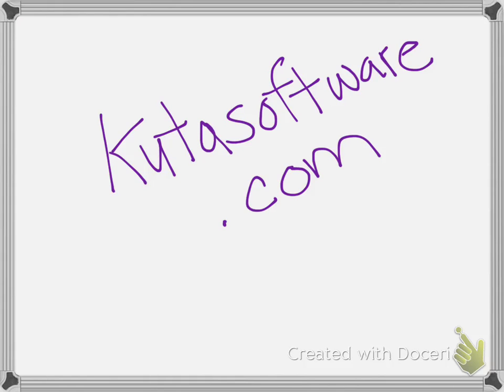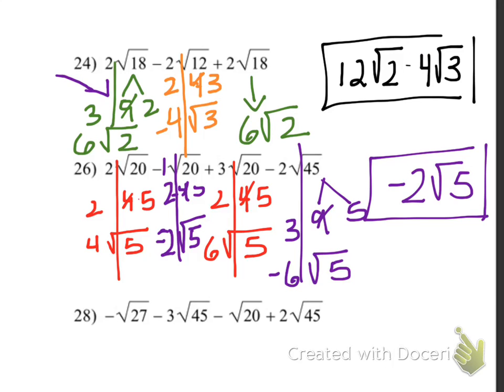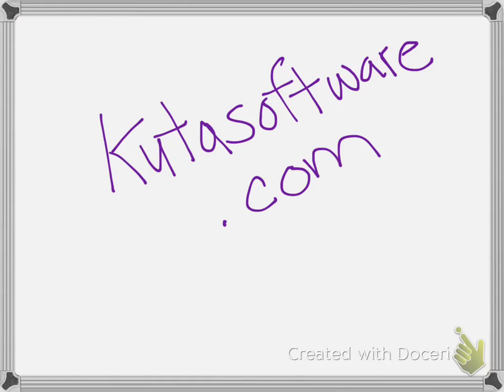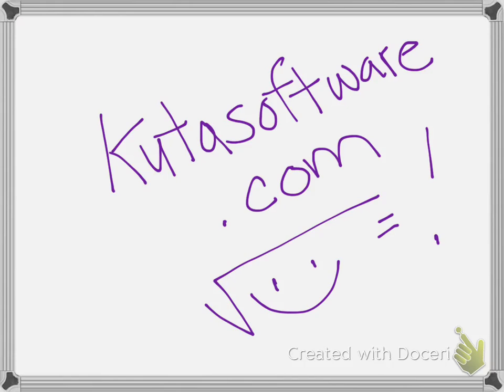So go to Kuta software. If you go back again, you'll see 28 was the one that I didn't do. And in fact, check all my answers on Kuta. Send me a little blurb down at the bottom if I screwed anything up, please, so that I can fix it. And practice your radicals, because radicals equal awesomeness, absolute awesomeness.